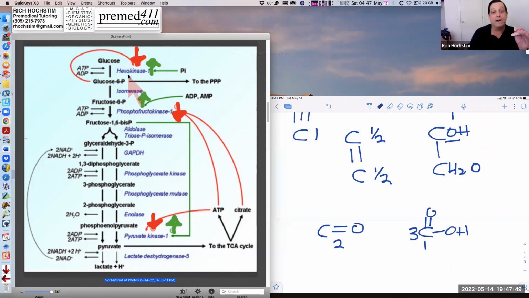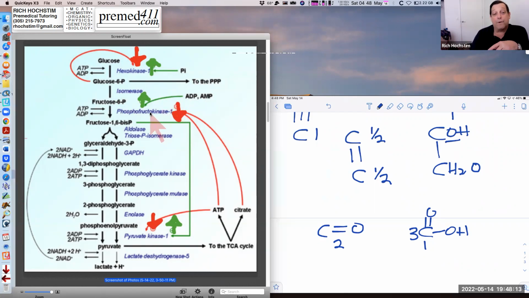On the other hand, if we have phosphate, phosphate's what we need over here. So if we have a lot of phosphate, we have what we need to make this, then that's going to upregulate it because it means we have the raw materials. But phosphate is a simple molecule. It's not like glucose 6-phosphate. So that's the reason for the difference.